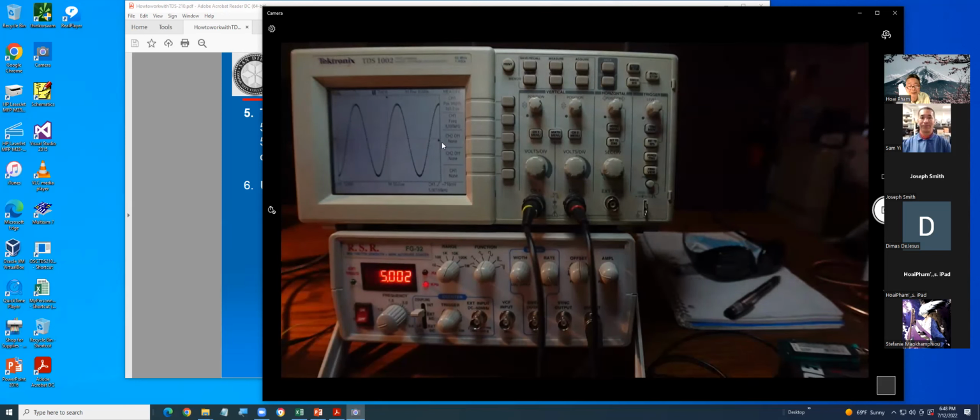Okay, a lot of things have to get into the scope, but the basic things you must get through. You know they have two channels, channel 1, channel 2. And this scope has 4 windows.